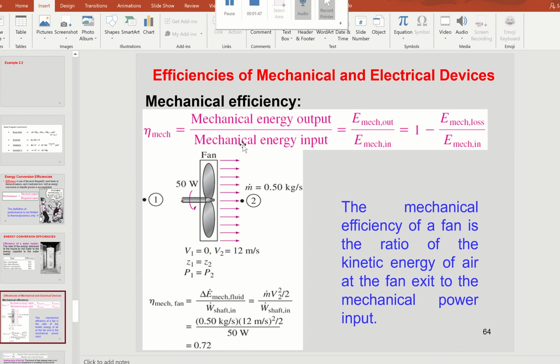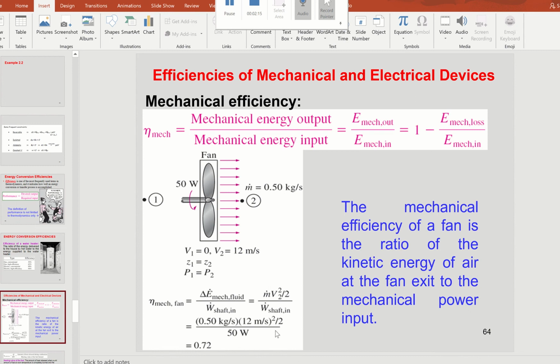You desire the fan speed to go up. That's your output. If you calculate that, half m v squared, where m is m dot, the mass flow rate, you get watts. So half m dot v squared gives us half, mass is 0.5, velocity is 12, and that will give us the output.